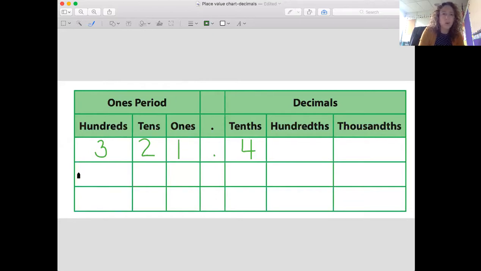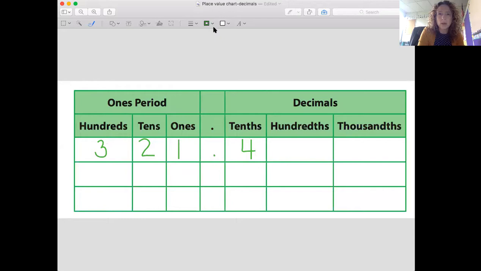Now, this whole piece is called the ones period. And Trevor, when you were on yesterday, we talked about the thousands period also. Today, we're just gonna focus on the ones period, okay? Where we have the hundreds, tens, and ones. And you guys are both used to seeing those numbers in the ones period. And I'm going to show you what I mean.